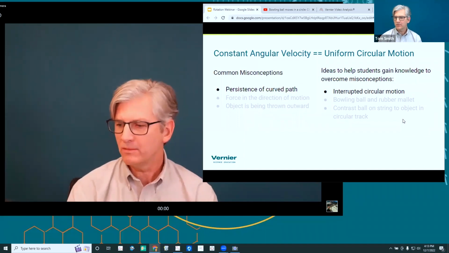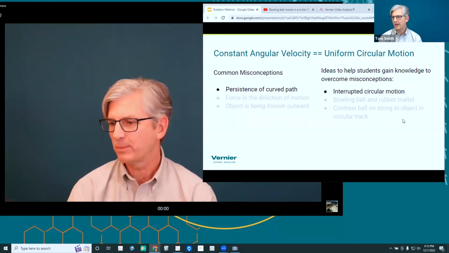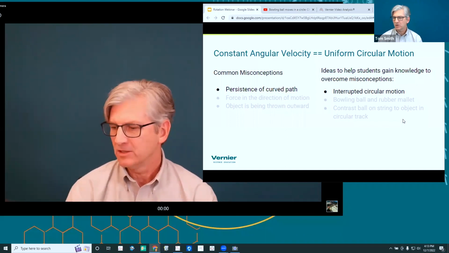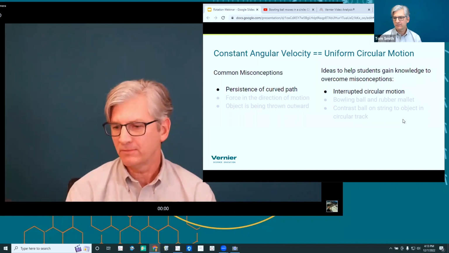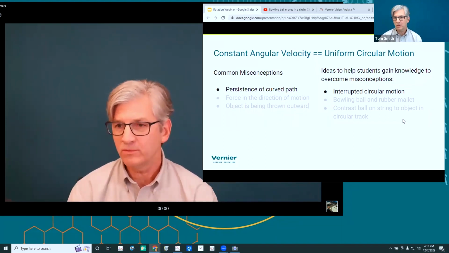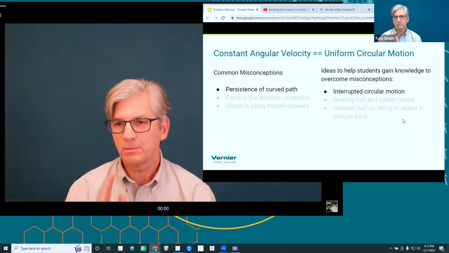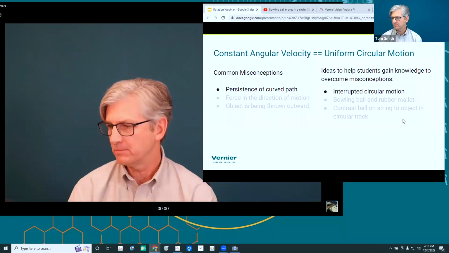One of the common misconceptions is the idea of the persistence of a curved path. If an object is going around in a circle and the force that is causing it to move in a circle is removed, what is the trajectory of that object at that point in time?